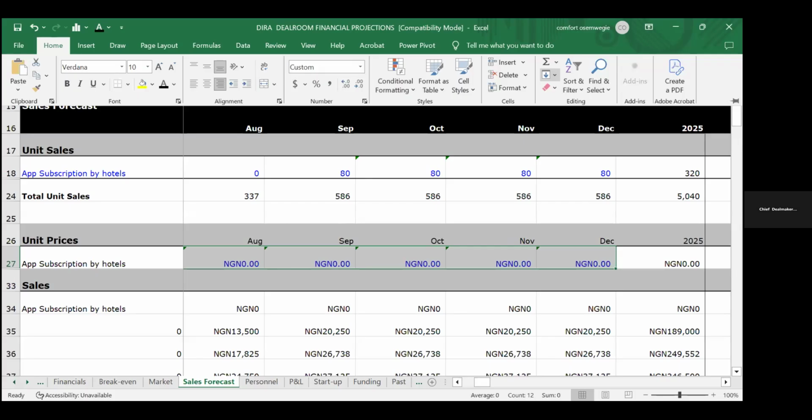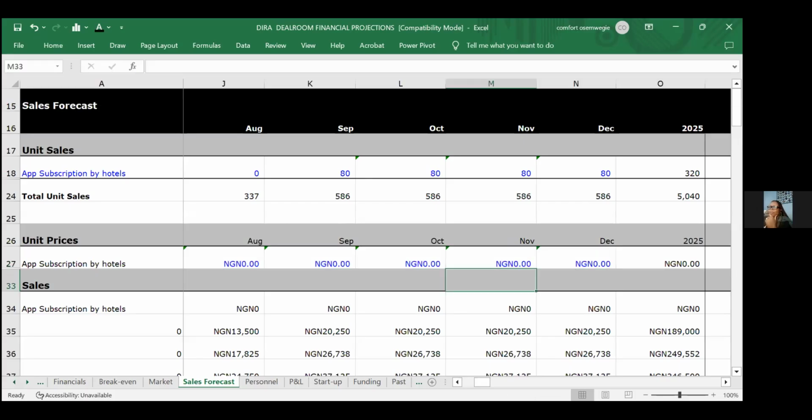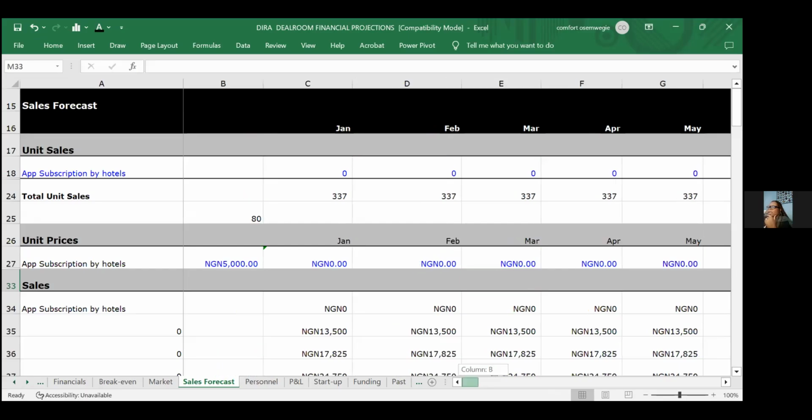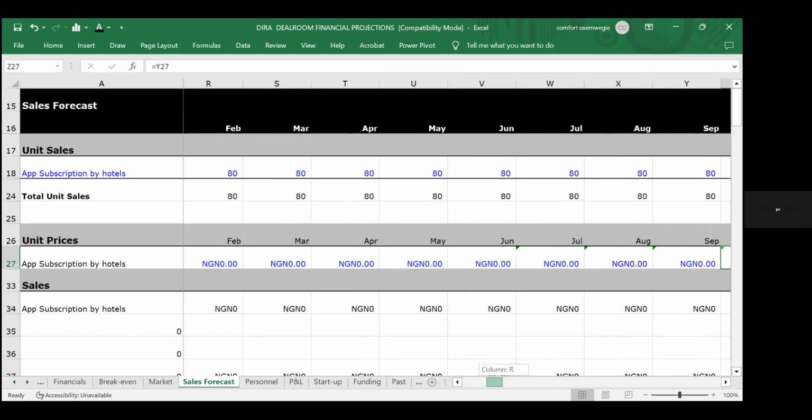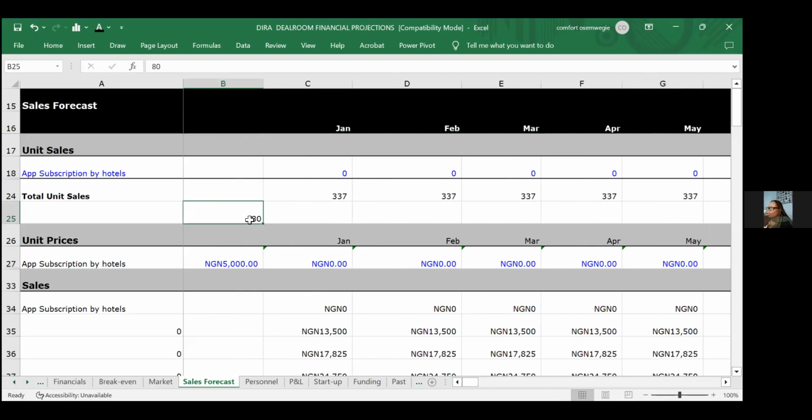Okay, so I'm having some errors. Let me see what the challenge is. So starting from here, September, it's supposed to automate itself. So I'm going to remove this one.